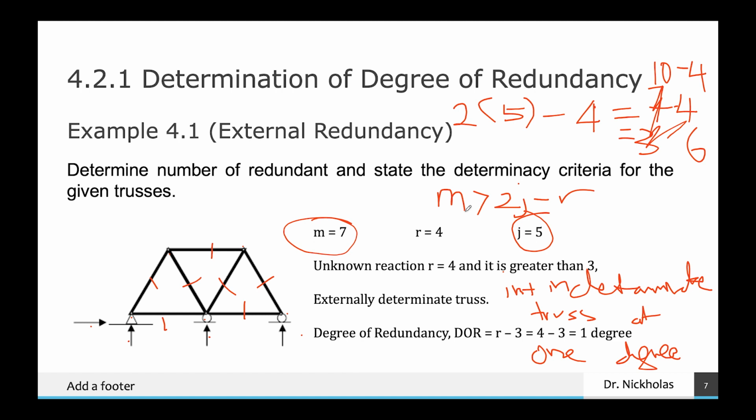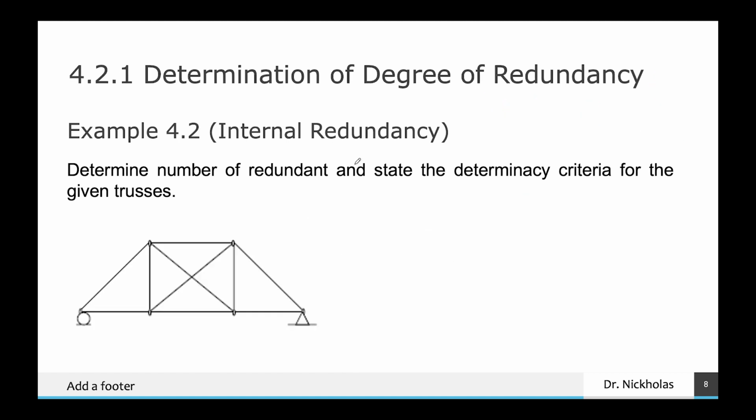Okay, take a look at the structure that has internal redundancy. Now the structure has 3 unknown forces, so that means this is externally determinate. How about the internal determinacy of this structure?